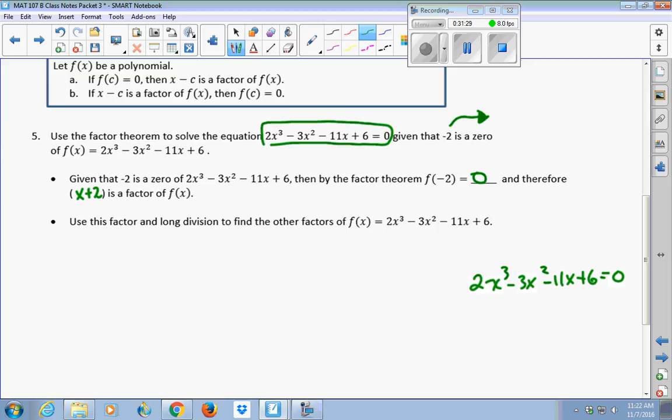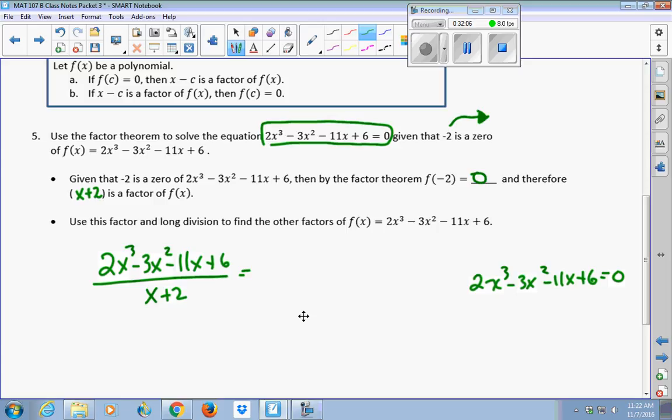You know that if you took this polynomial, 2x cubed minus 3x squared minus 11x plus 6, and you divide it by x plus 2, you will get another polynomial with remainder of what? If x plus 2 is a factor, it divides this evenly. What will the remainder be? 0, because if something divides into something evenly, then its remainder is 0.